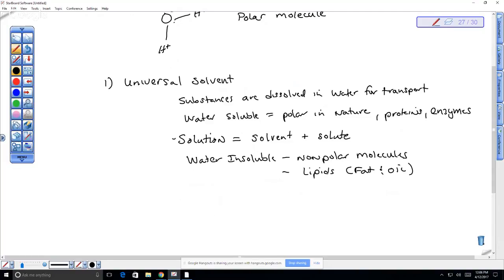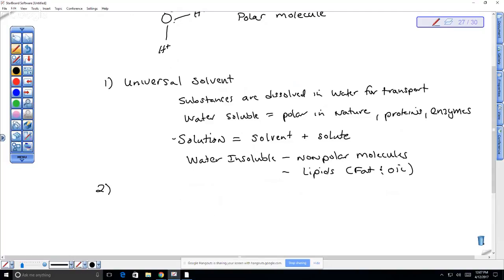So like if I need to transport cholesterol, which is a type of fat in my body, I would need to first wrap it in proteins, and the proteins are polar. And so they go into solution and they kind of draw the fat into solution with them. But we would say that non-polar molecules like lipids are water insoluble. They do not mix with water. They do not go into solution. Okay, so that's one of the important aspects of water.